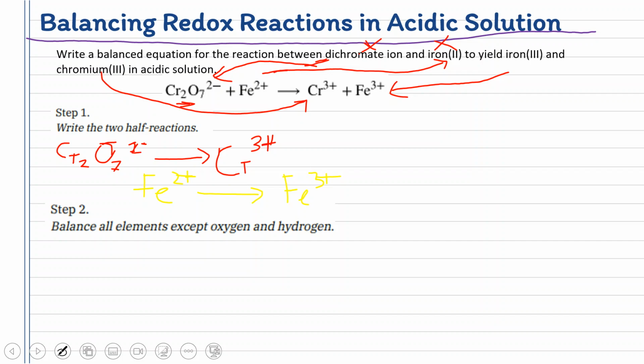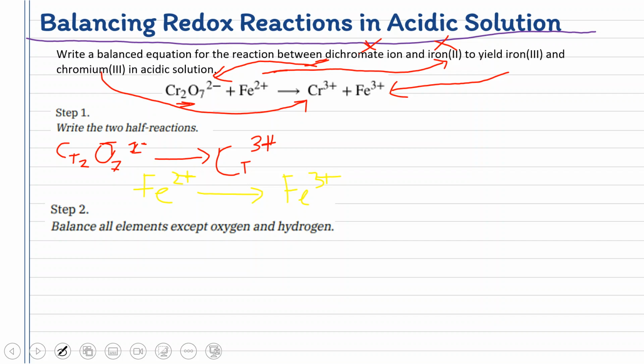Step 2 says to balance all elements except oxygen and hydrogen. So we're supposed to balance all elements except what? Hydrogen and oxygen. Okay, let's try that.